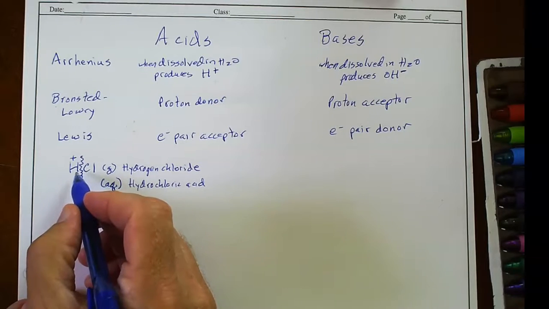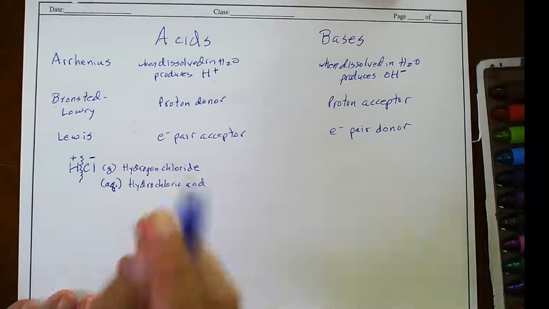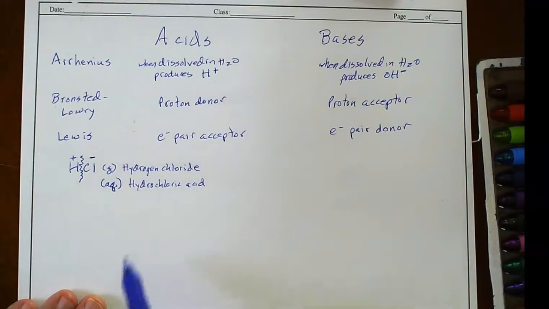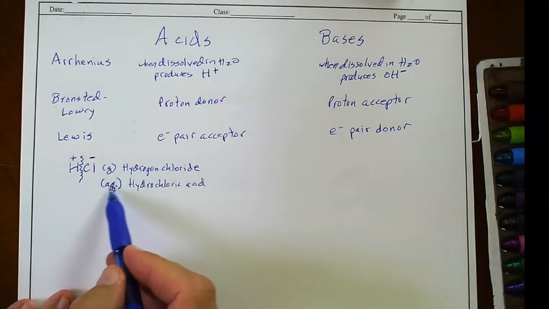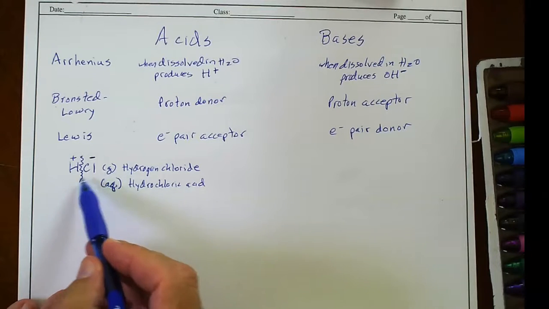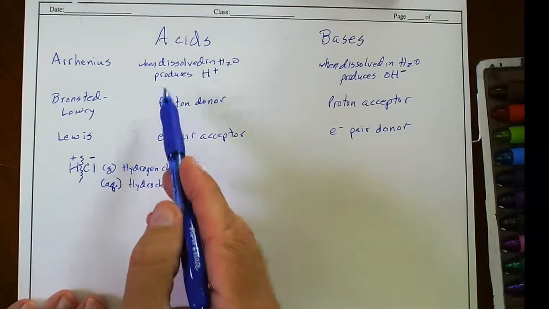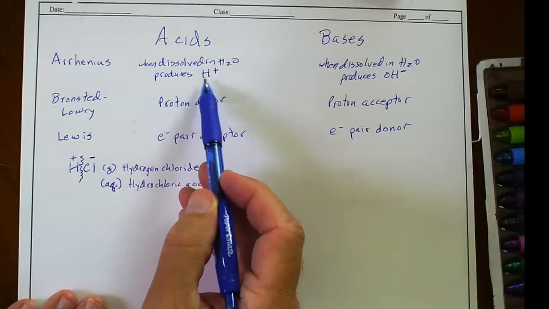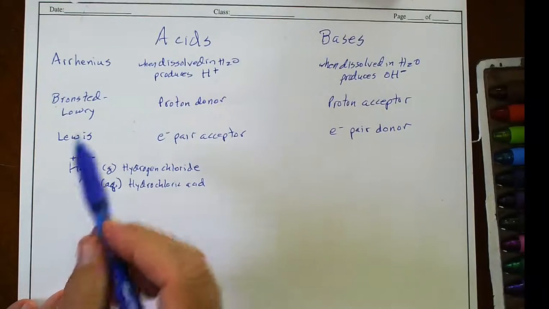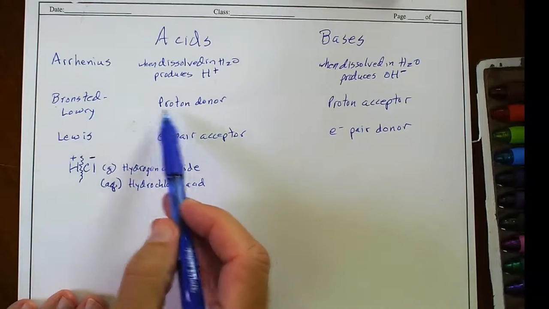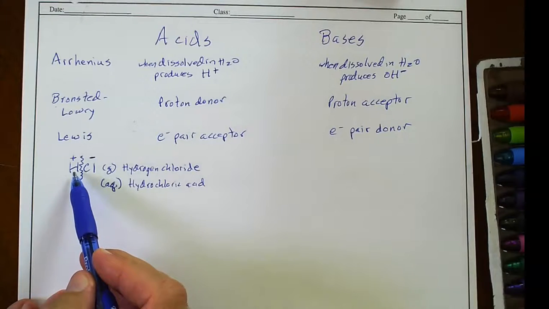Chlorine keeps hydrogen's electron, which looks like an extra electron for chlorine, giving it a negative charge. So hydrogen chloride gas, when dissolved in water, separates into hydrogen ions and chloride ions. So it dissolved in water and it produced a hydrogen ion, so it's an acid by the Arrhenius way of thinking. In the Bronsted-Lowry way of thinking, it donated a proton. This hydrogen ion is a proton.